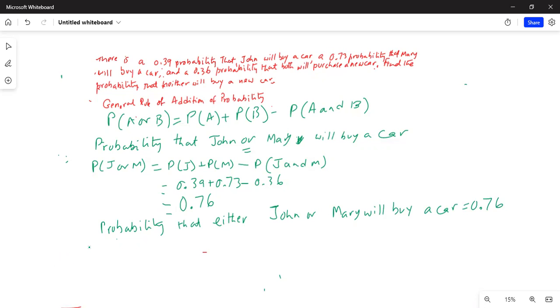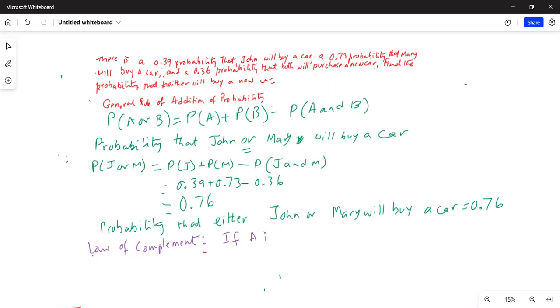So if I may change the color of the pen to this one. So probability law of complement. Okay. So what is the law of complement?